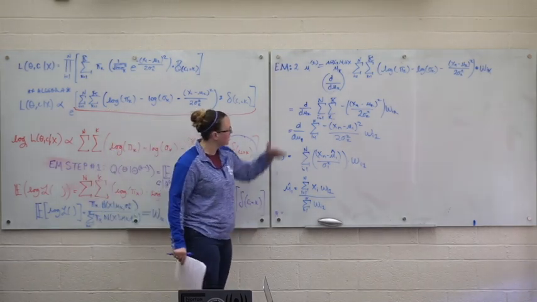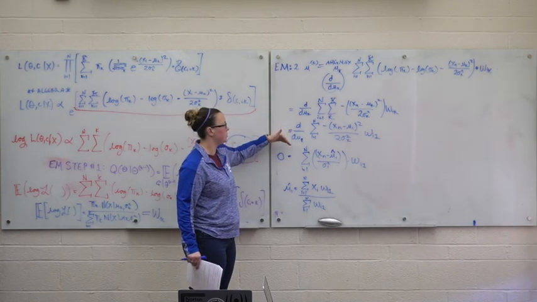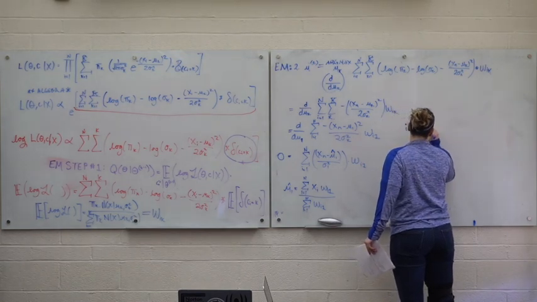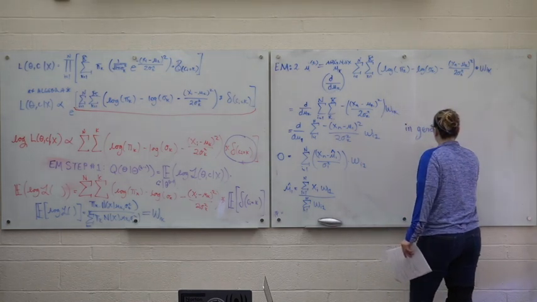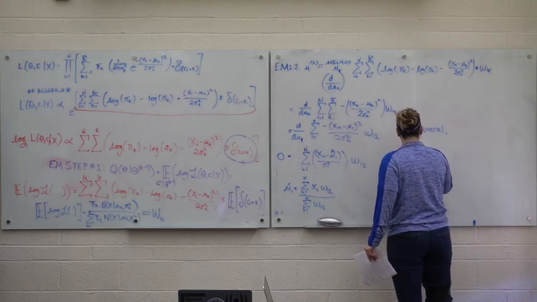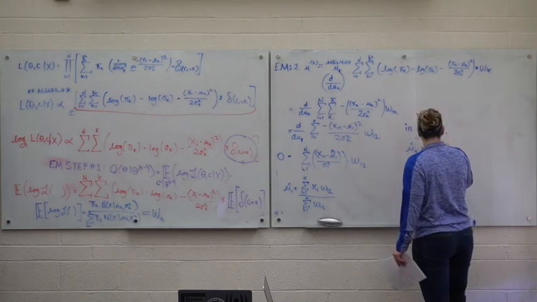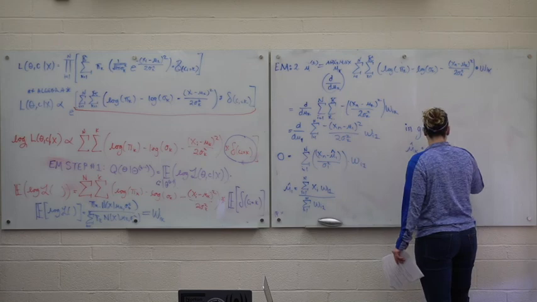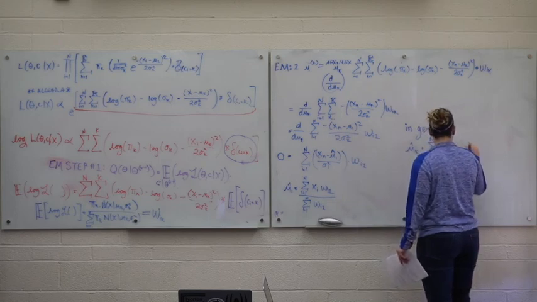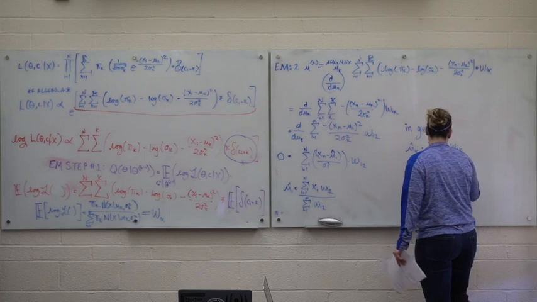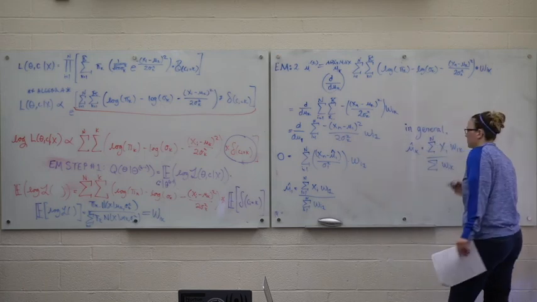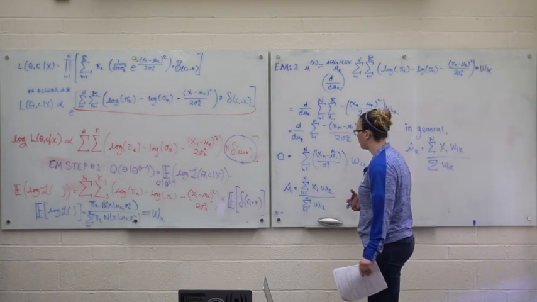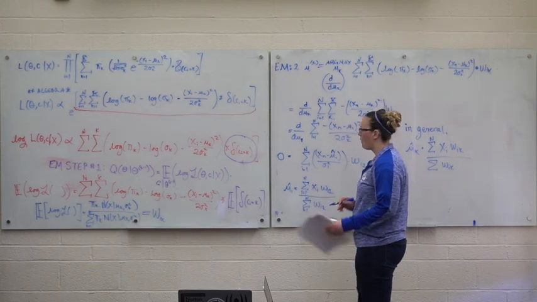You can do the same thing for the derivative with respect to mu 2, but in general, mu hat k is equal to the sum of x i times weight i k, over the sum of the weight i k's. Okay? This makes sense in 1D with one component, so it makes sense.